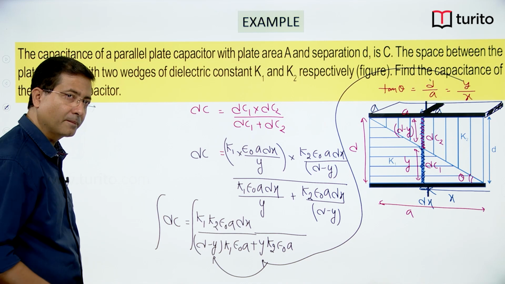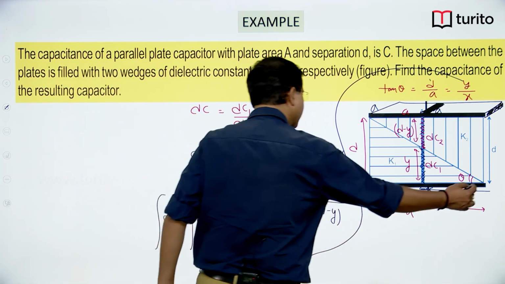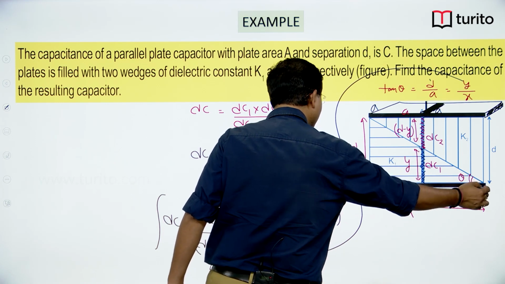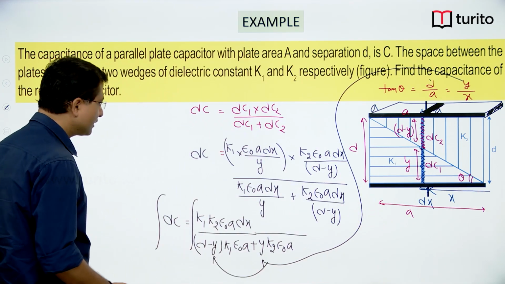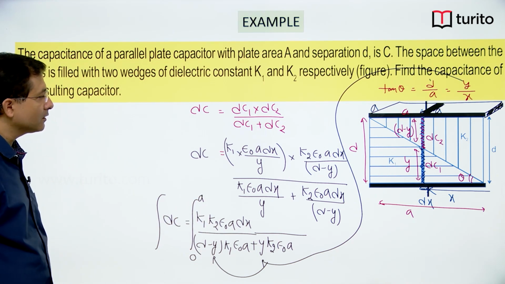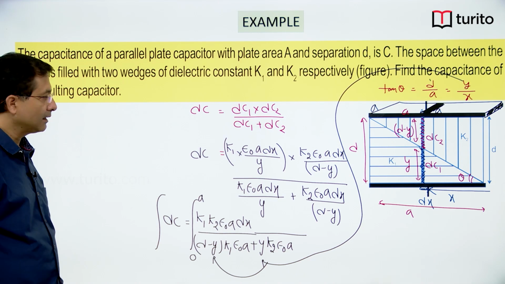You can simplify. Now the limit will be from 0 to a, since at distance x we wrote dC. So I will add from 0 to a. When I simplify, I will get the result.